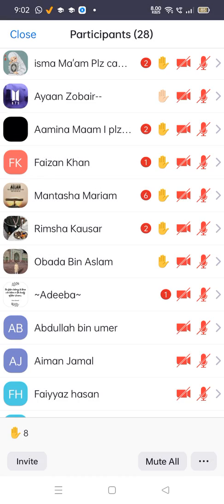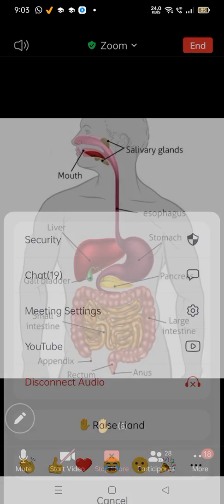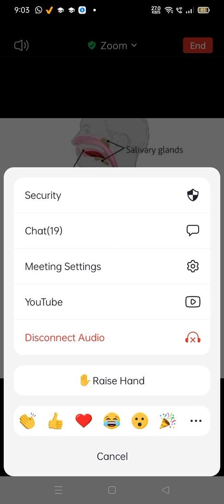Ubaida, you tell me. Ma'am, the different organs of the alimentary canal are mouth, pharynx, esophagus, stomach, small intestine, large intestine, and rectum.